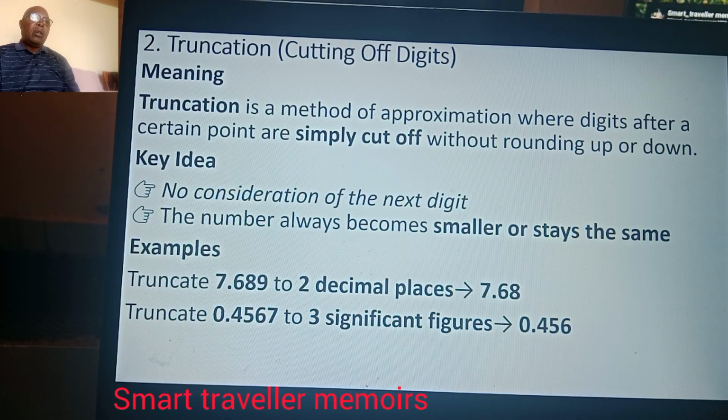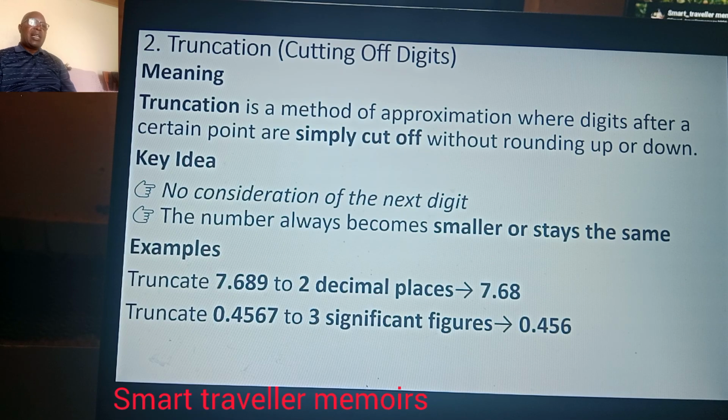Meaning of truncation. Truncation is a method of approximation where digits after a certain point are simply cut off without rounding up or down. Key idea is no consideration of the next digit. And the next key idea is that the number always becomes smaller or stays the same.